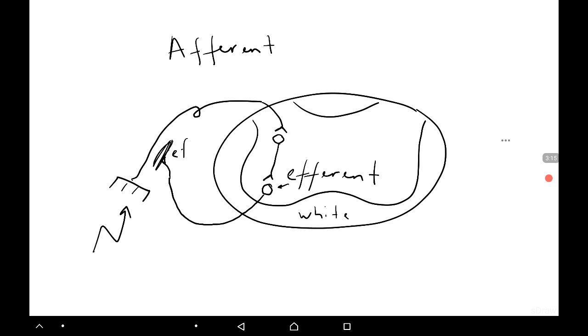Here we have effector. The body of the afferent neuron is located in the spinal ganglion. Spinal ganglion that is in the dorsal roots of the spinal cord.